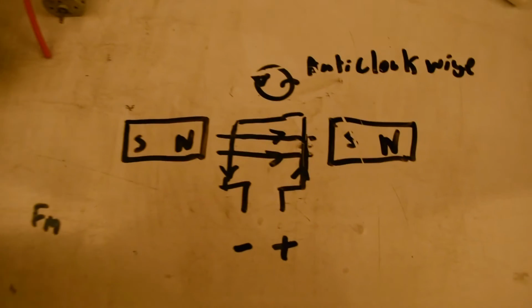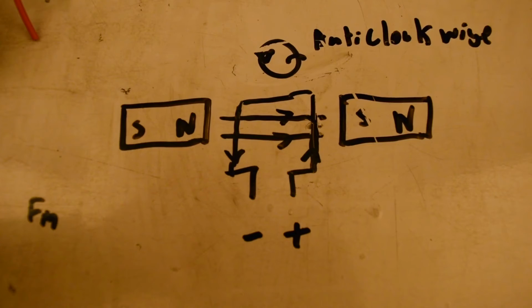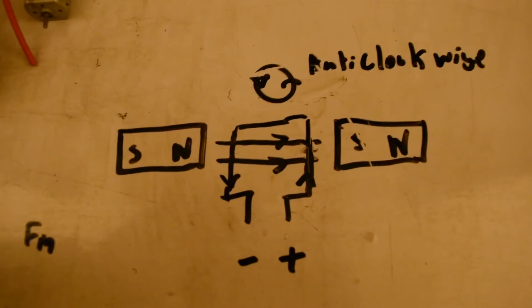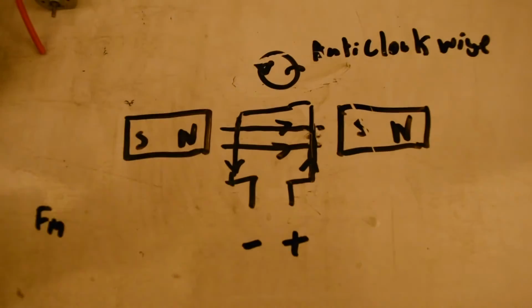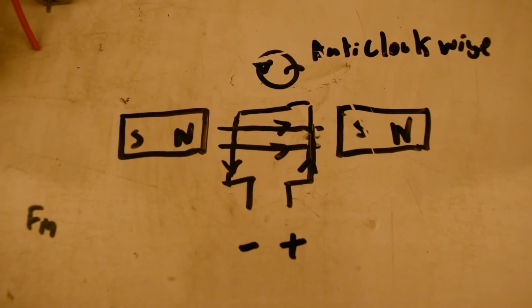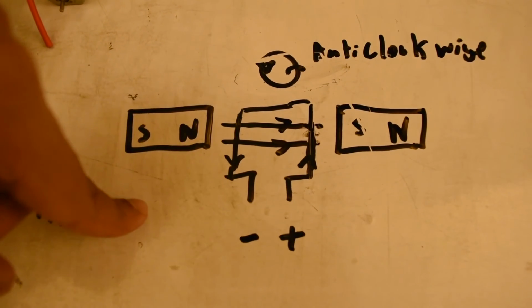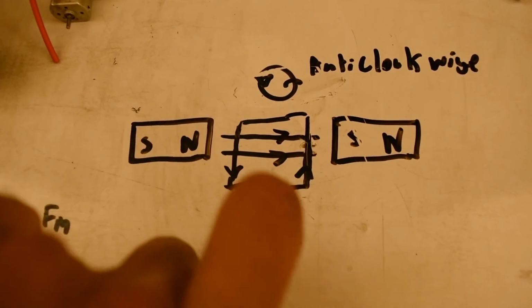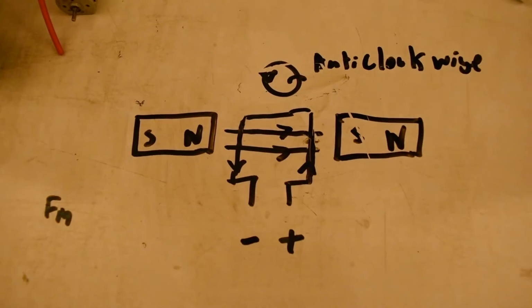How does a DC motor work? First off, north and south poles attract, and north and north poles repel. Applying that concept and the concept of electromagnetic fields, we can have a coil with a positive and negative lead and a magnetic field. And with how this is set up, it could go anti-clockwise.